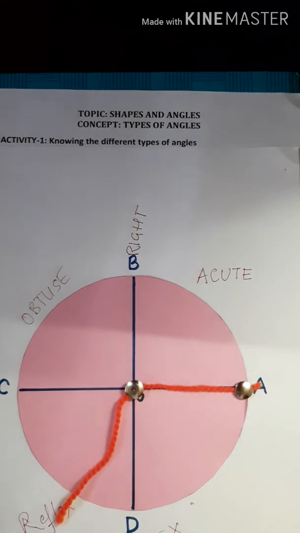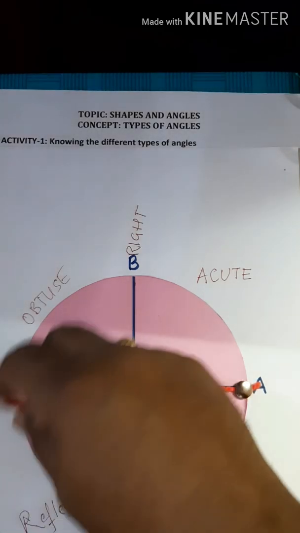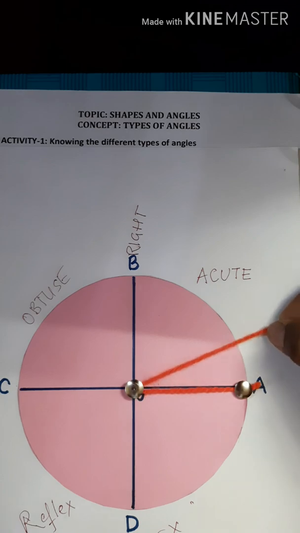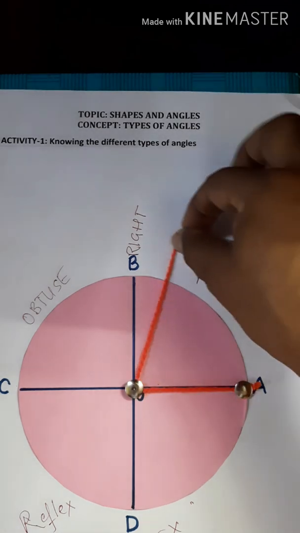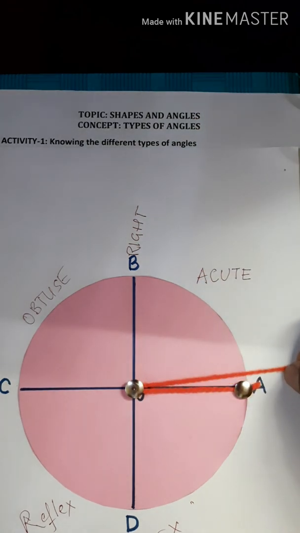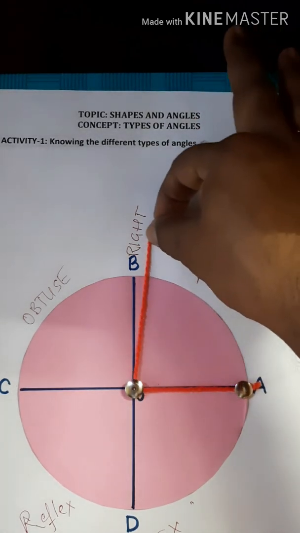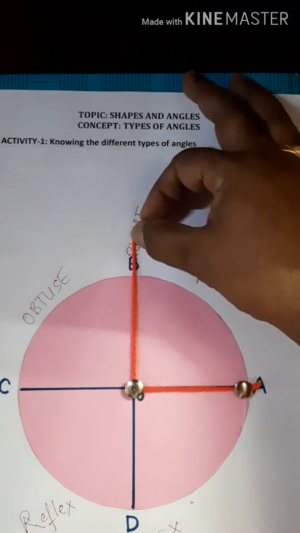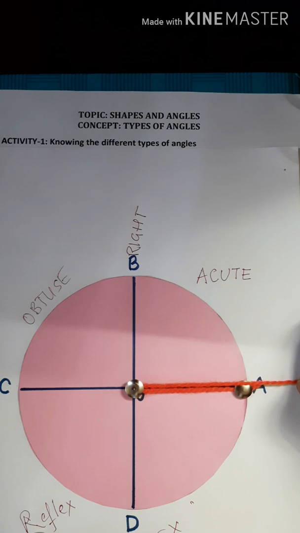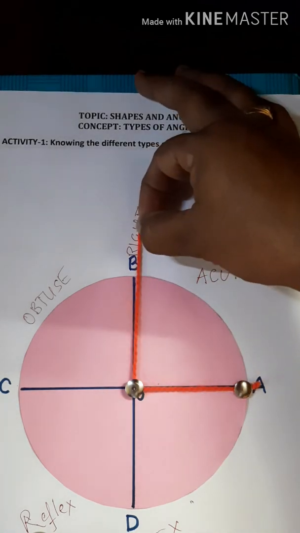Is it clear, children? So once again, we will reiterate. This is 0 degrees. This is an acute angle because it is less than 90 degrees. In this quadrant, till we reach B, all these angles formed are acute angles. The measure of these angles is less than 90 degrees. So an acute angle ranges from 0 degrees to 90 degrees.